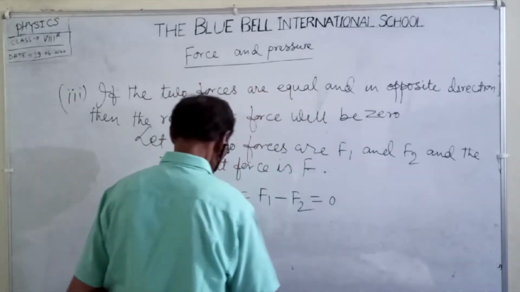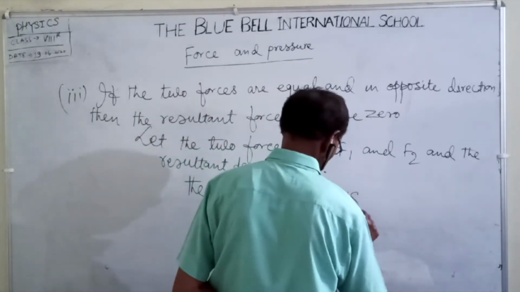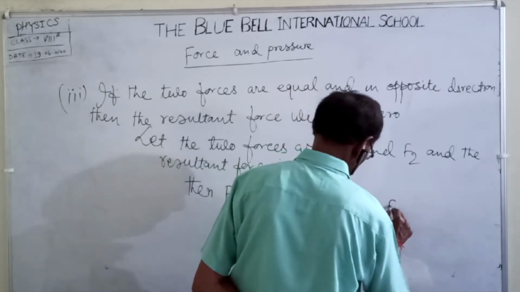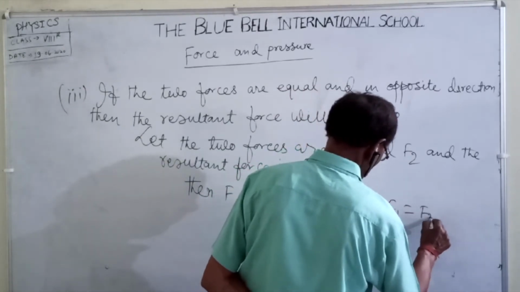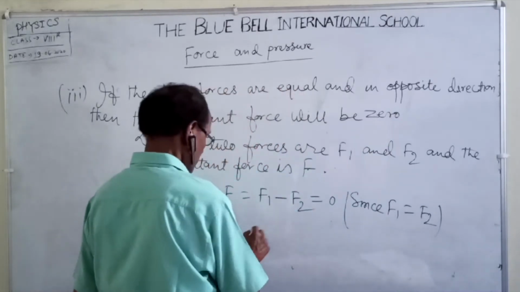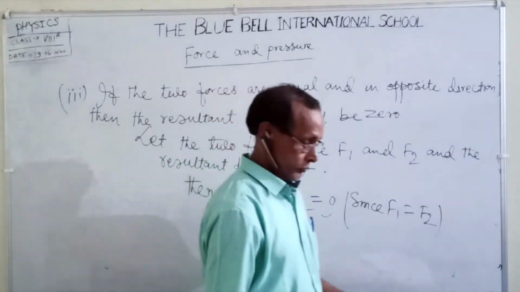But since F1 is equal to F, therefore it will be 0.